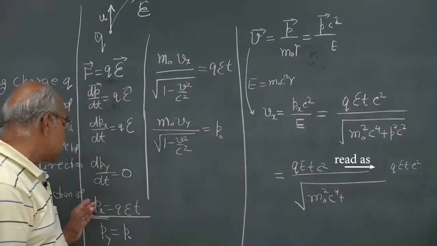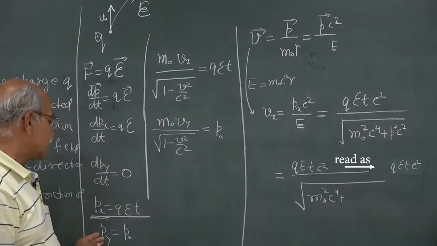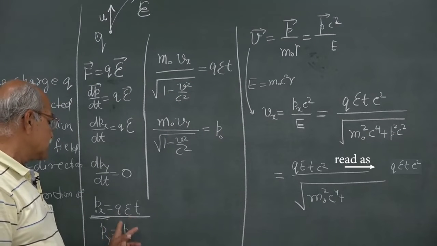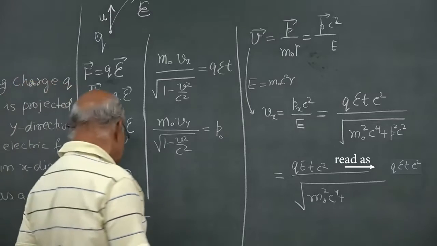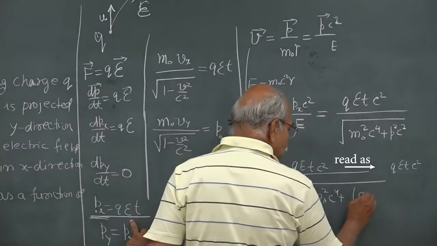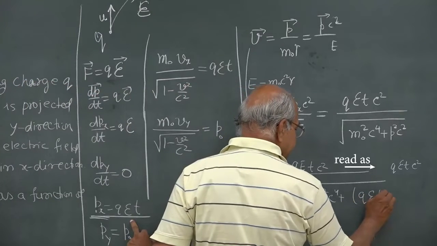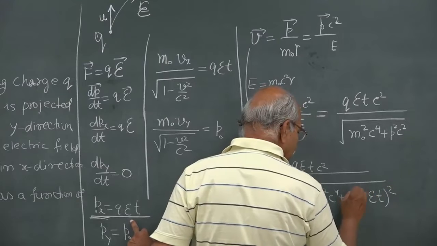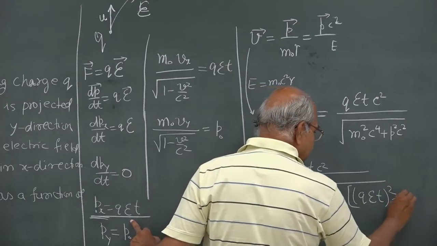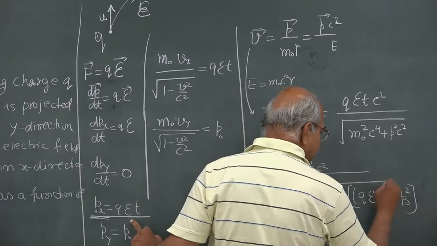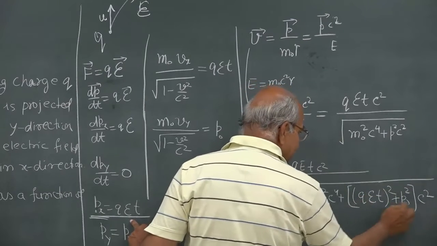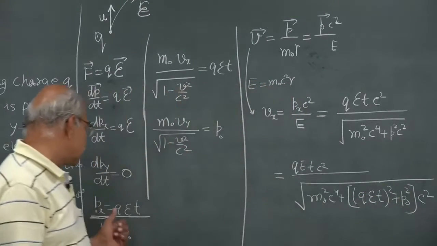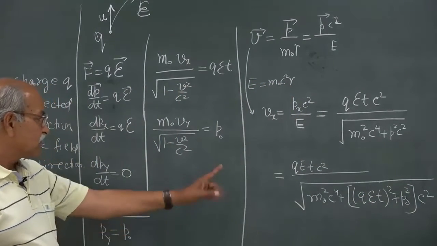It is px square plus py square. So, this Qet square plus p naught square will be p square. So, it is Qet square plus p naught square, and then c square. This p square is px square plus py square, that is this.